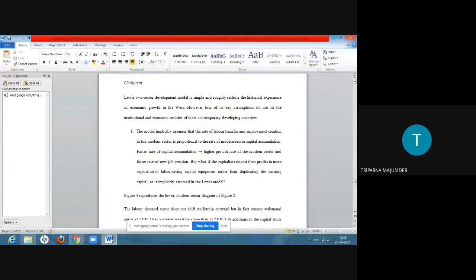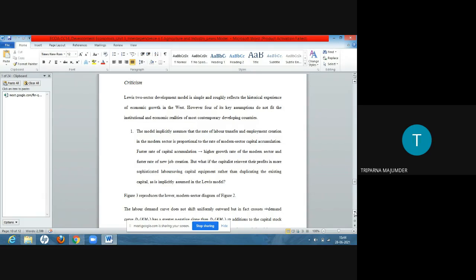The Lewis two-sector development model is simple and roughly reflects the historical experience of economic growth in the West. However, four of its key assumptions do not fit the institutional and economic realities of most contemporary developing countries. First, the model implicitly assumes that the rate of labor transfer and employment creation in the modern sector is proportional to the rate of modern sector capital accumulation.